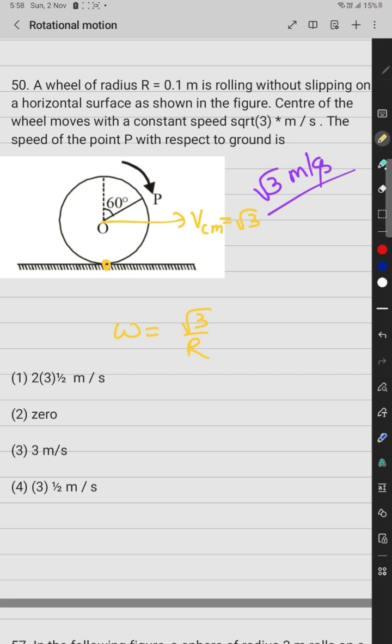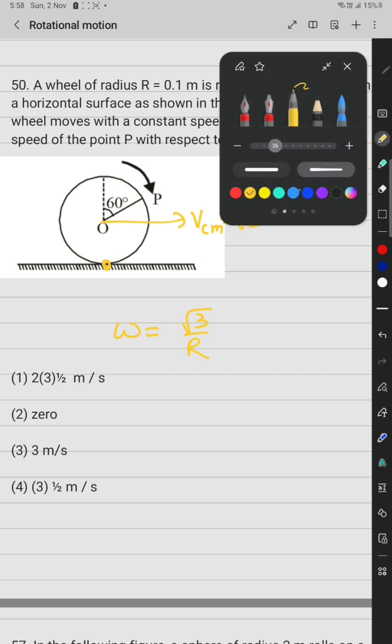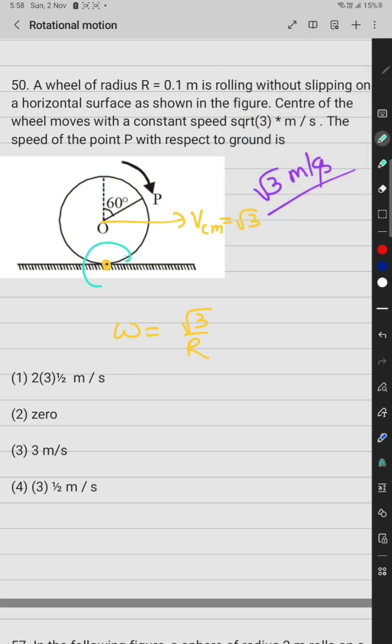And we know the angular speed is constant, and the instantaneous axis of rotation of this wheel is passing through this one. This velocity is 0 and omega remains constant. Then the distance of this point P from the instantaneous axis of rotation: we know the velocity is equal to omega into distance, because omega remains constant.